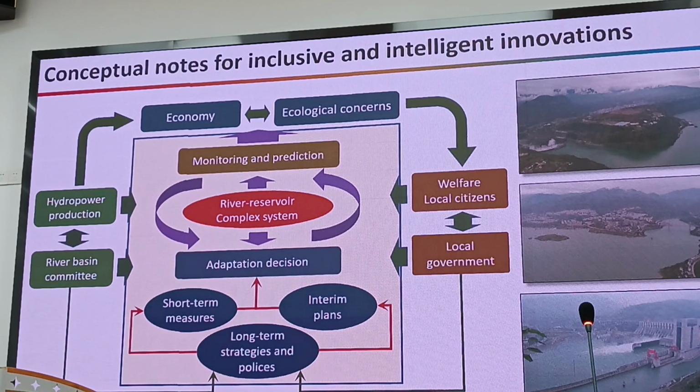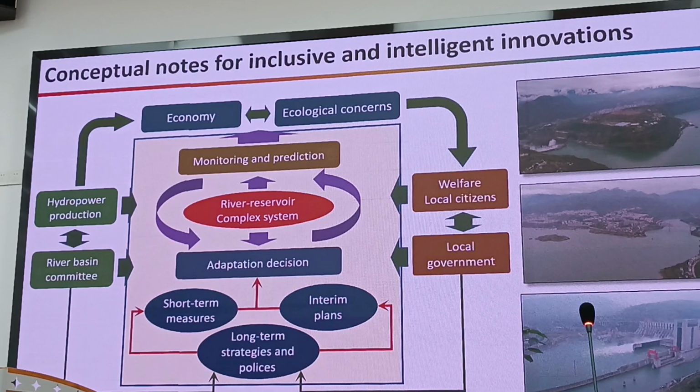They have the power to tell the hydro company how much water you have to release downstream to protect the people, or how much water you have to hold upstream to prevent downstream floods. Sometimes like that. So here is the general picture.